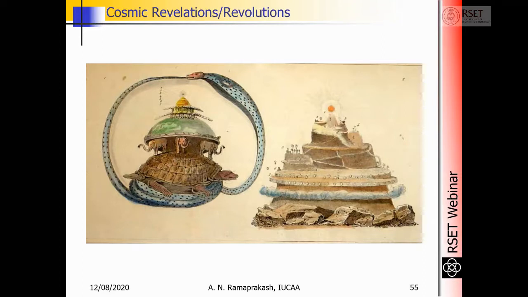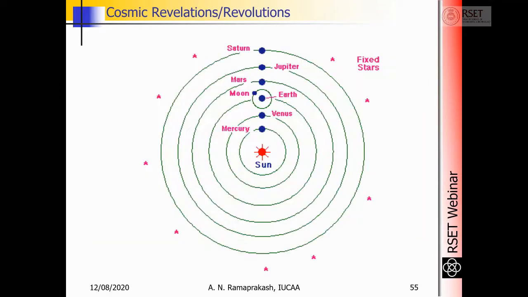Now with telescopes, things started changing dramatically. We started figuring out that the universe looked very different. At least our local universe had the sun in the center, and the planets going around. And Earth is just one among many planets going around the sun. And there are many stars in this universe which are very similar to the sun.